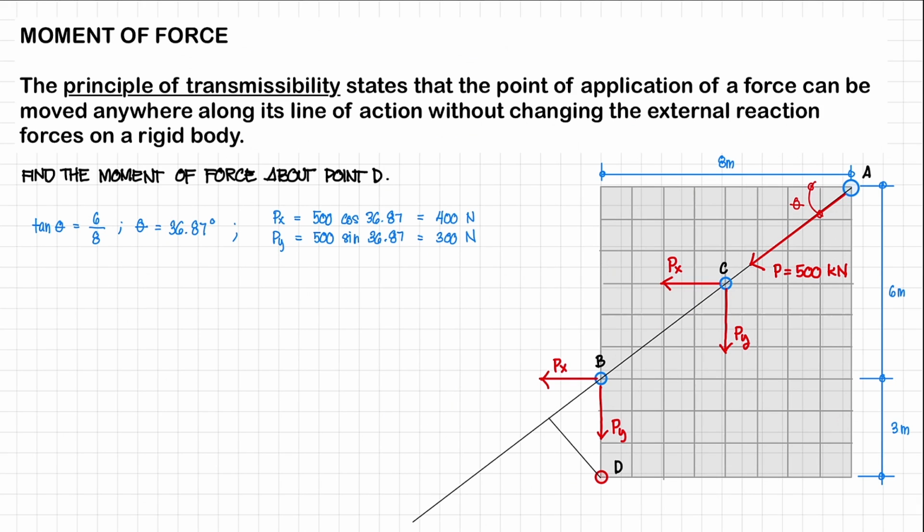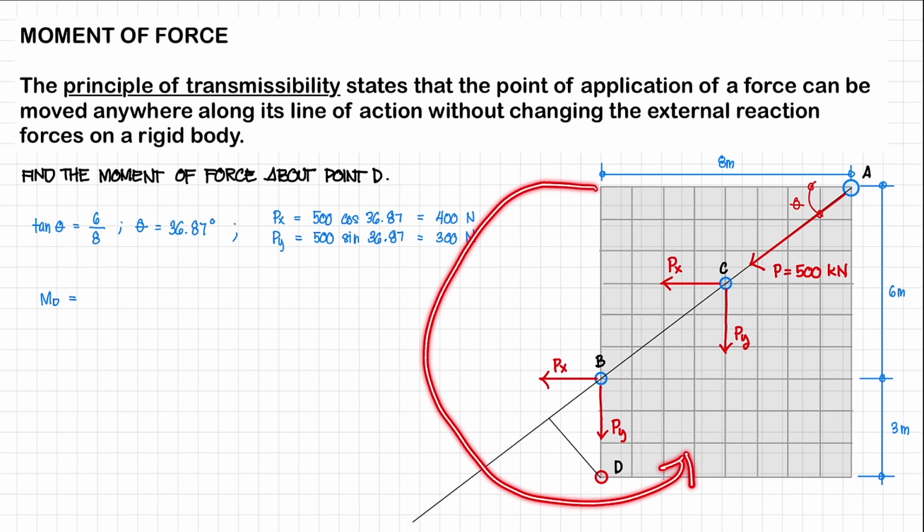We're trying to solve for the moment at point D caused by our force. So we're going to consider our Px first. This one is going to rotate in a counterclockwise manner. So that's going to be positive. So we have positive Px, that's 400.